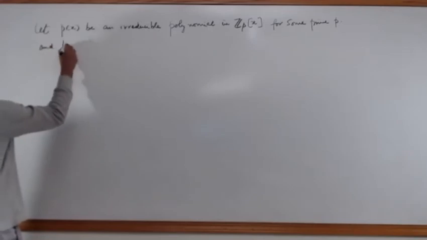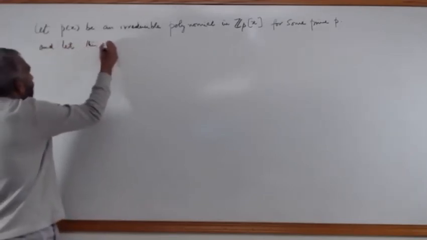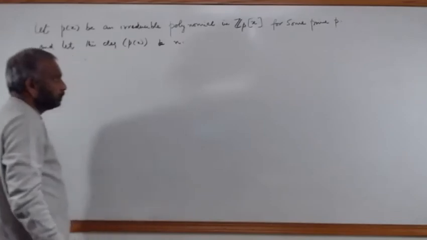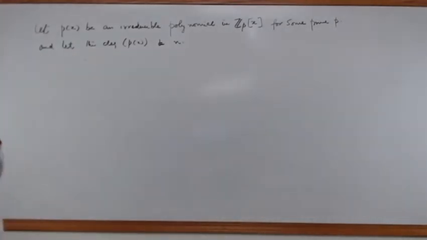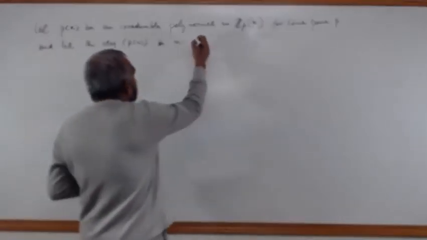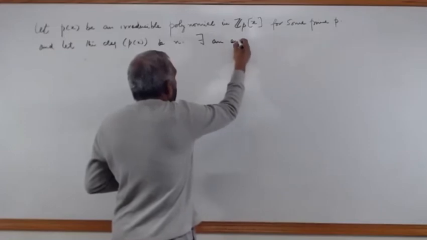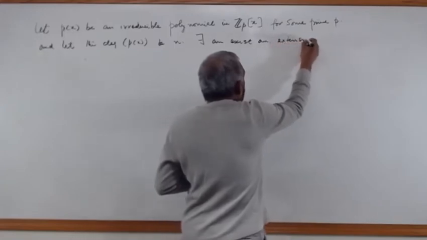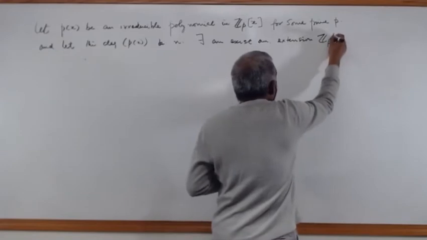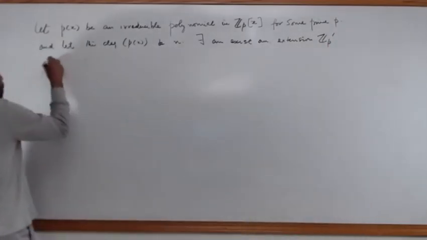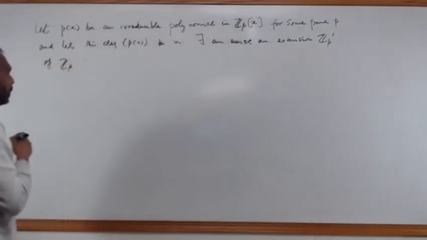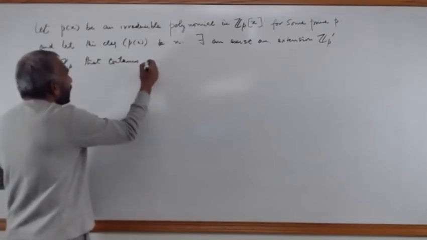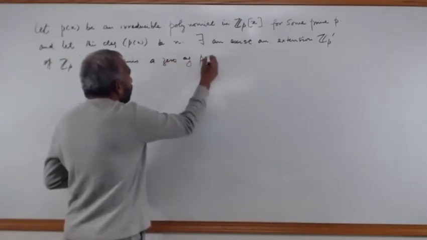And let the degree of p of x be n. So then there exists an extension, let us say Zp prime of Zp, that contains a zero of p of x.